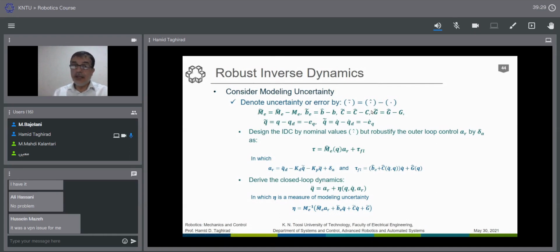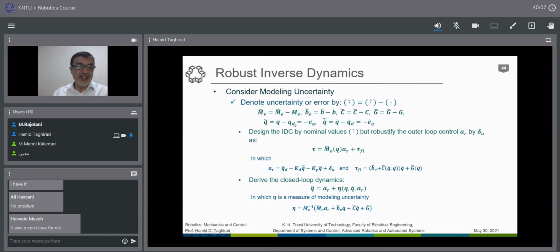With the same notation, we consider also for the trajectories that we are using, Q tilde is equal to Q minus Q desired. Consider Q desired as the true value that you would like to get, and what you have is Q minus Q desired. Because in nonlinear control, we usually consider the tilde variable, although in linear control we use the error.